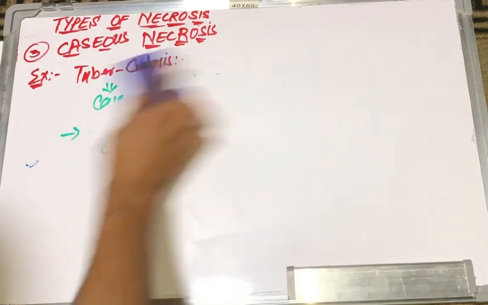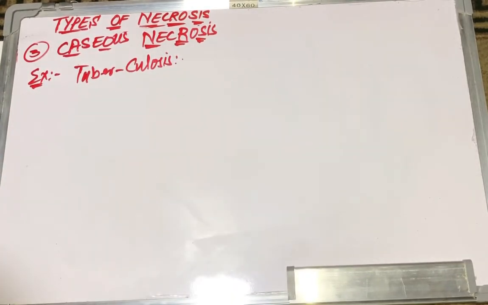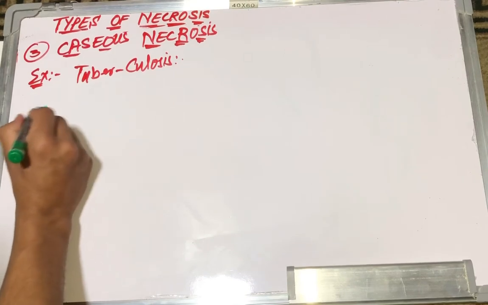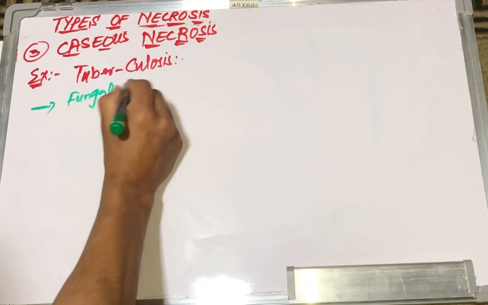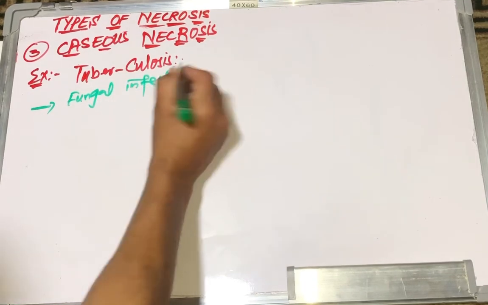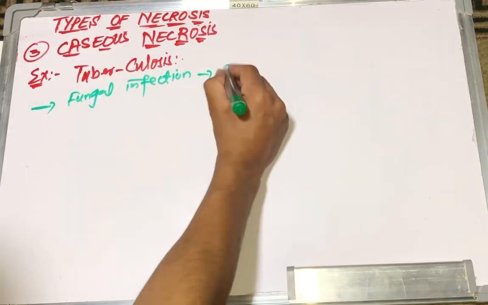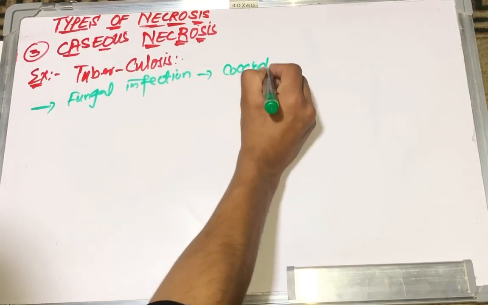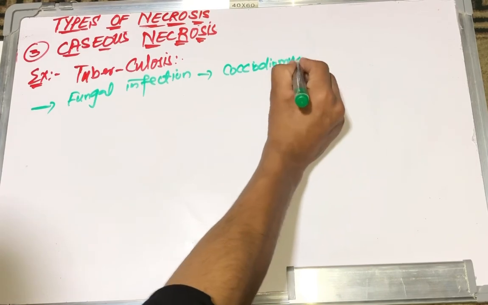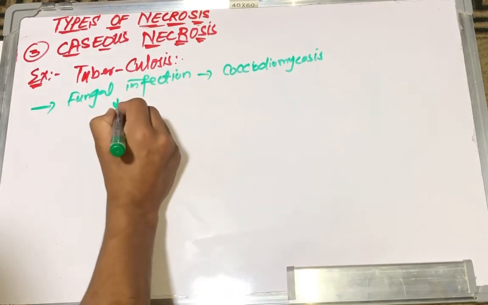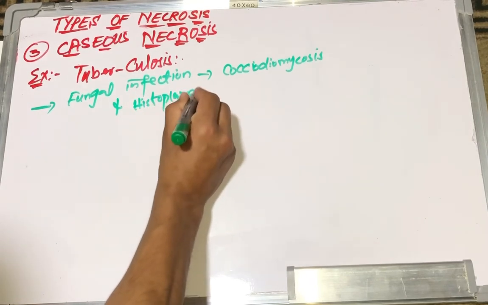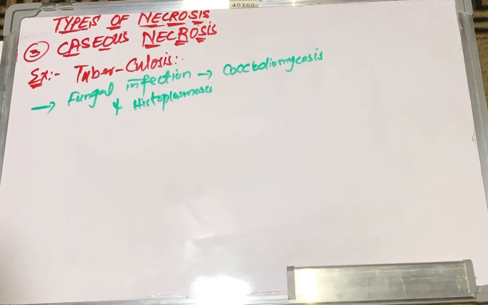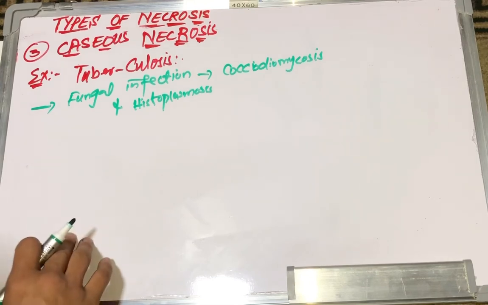Till now we discussed that it occurs in tuberculosis. Caseous necrosis also occurs in fungal infections like coccidioidomycosis and histoplasmosis.